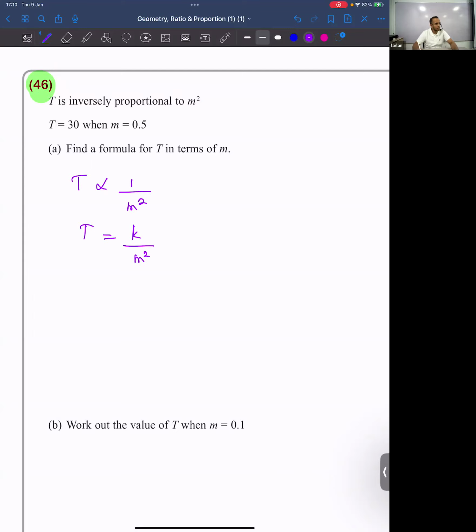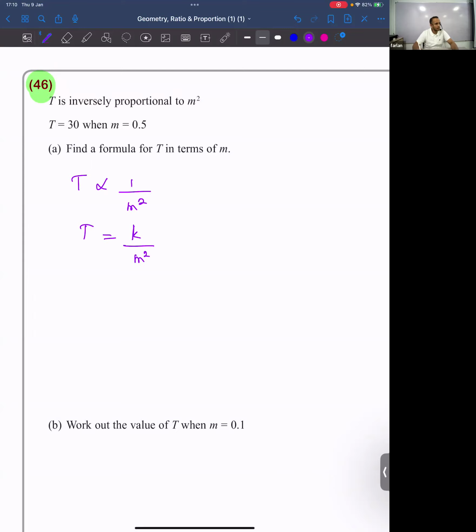To find the K, they have given the condition T is 30 when m is 0.5. Let's substitute that. 30 equals K over 0.5 square, and 0.5 square is 0.25.